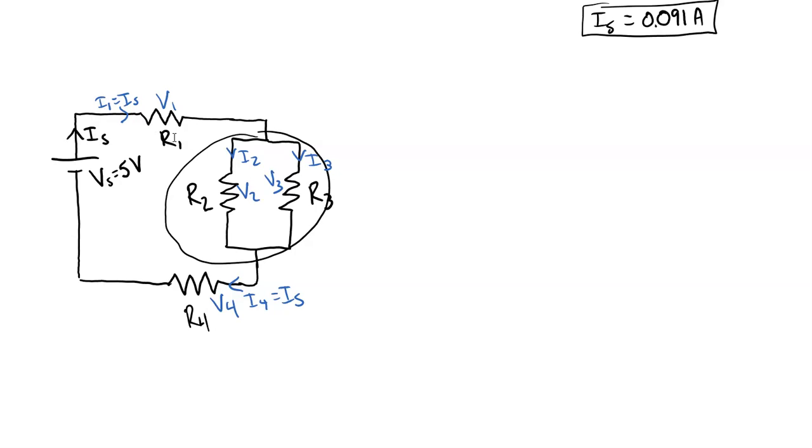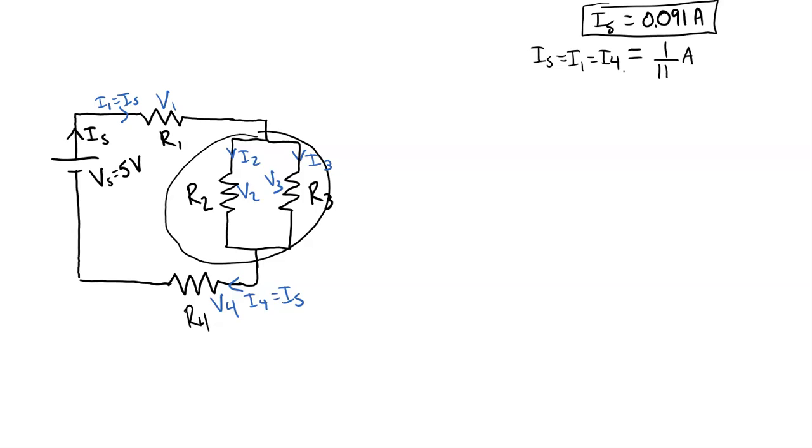So there's my circuit. I'm trying to find all the values in blue, and we already know what I1 and I4 are. My current I1 and I4 is 0.091 amps. More specifically, to give us some more exact answers, we did it by finding 5 divided by 55, so it ended up being 1 divided by 11 amps exactly. So that is IS, which is I1, which is I4.